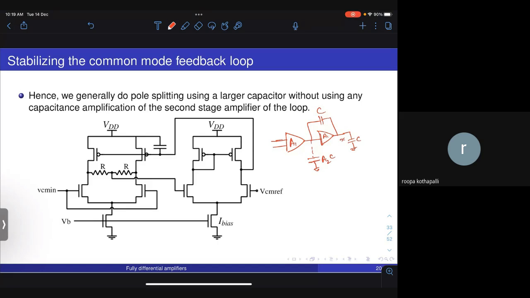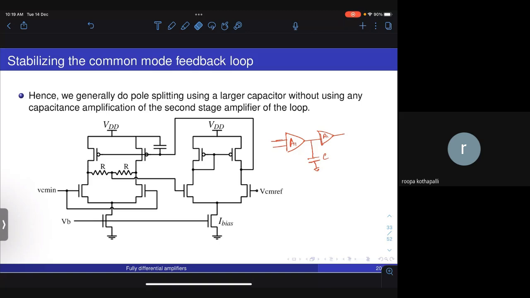In this case, doing that reduces the bandwidth of the amplifier for differential signals. So instead of putting a Miller capacitor, we directly put a capacitor here of a sufficiently large value in order to stabilize the loop, and nothing at the output is required.